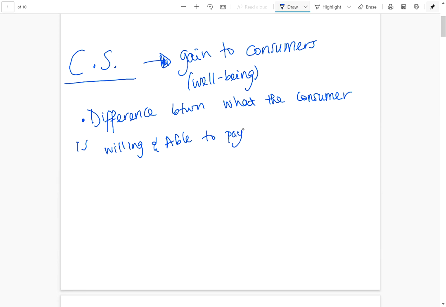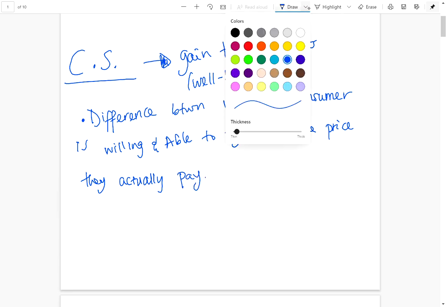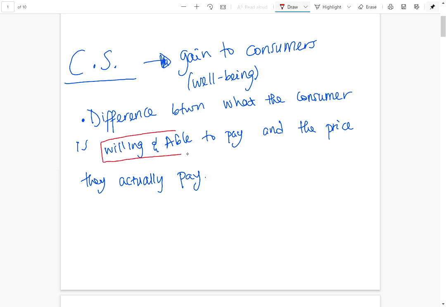Willing and able to pay here refers to the demand curve. It is the difference between what they're willing and able to pay and the price they actually pay.